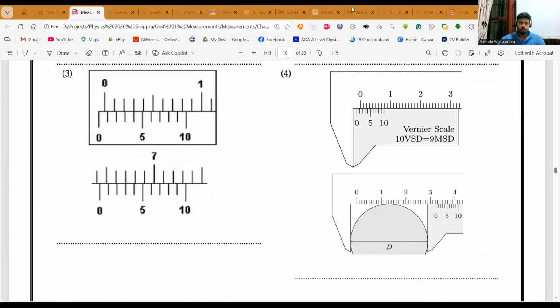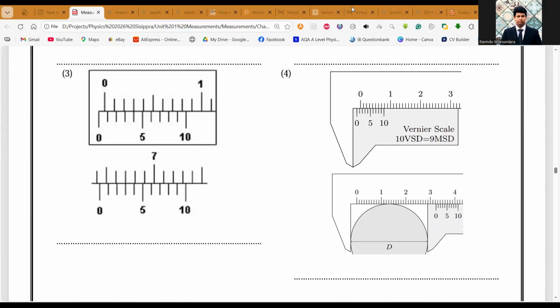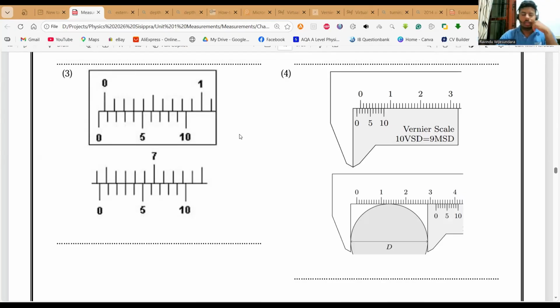Okay, quickly do this one. Right. Okay. I hope you have done this one also.